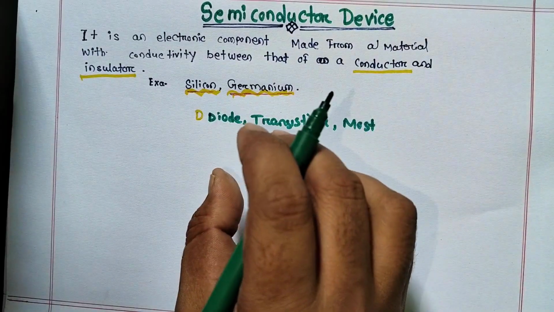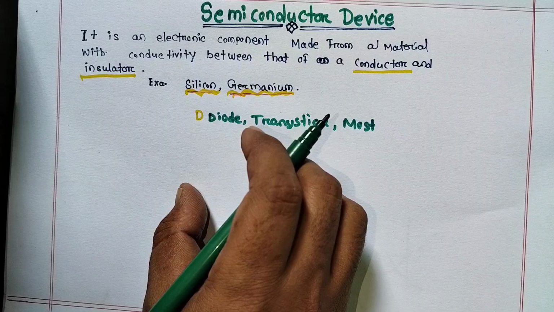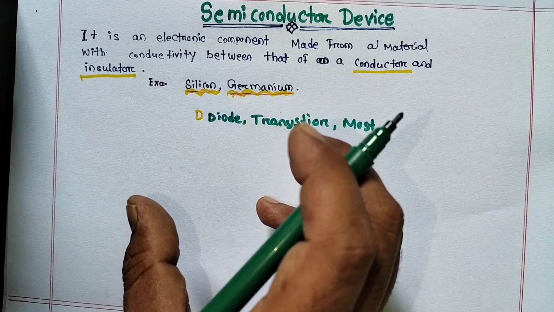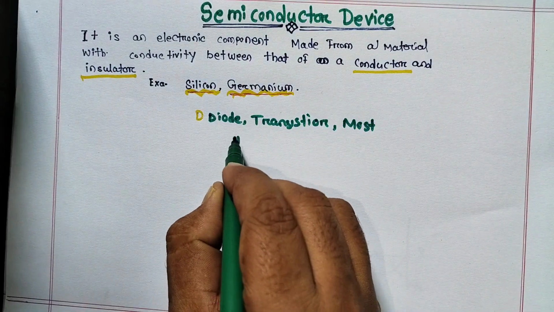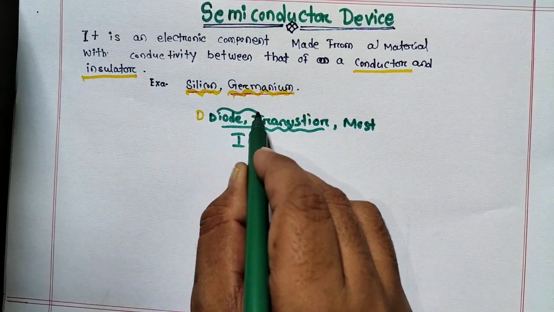These individual components are made from semiconductor material, and we can use them as parts of complex integrated circuits. ICs are also formed with this material by a combination of transistors and diodes.